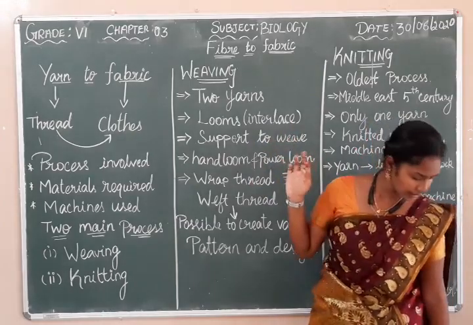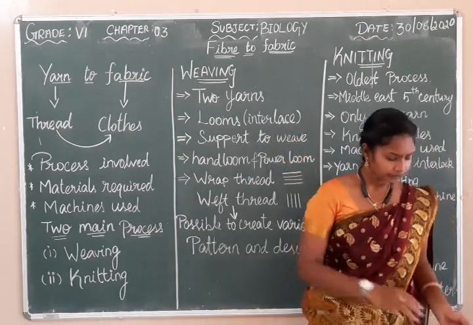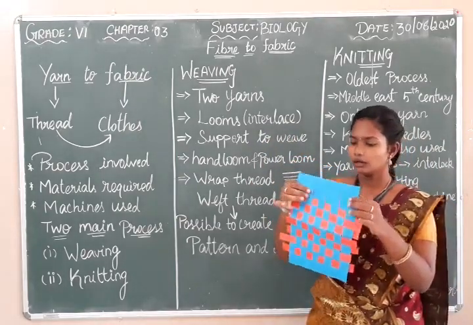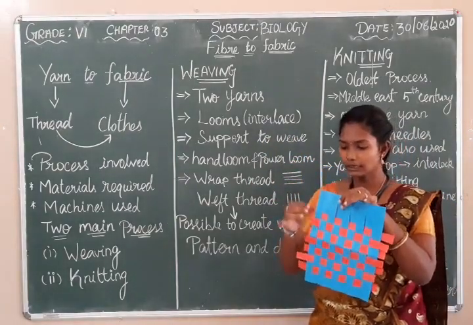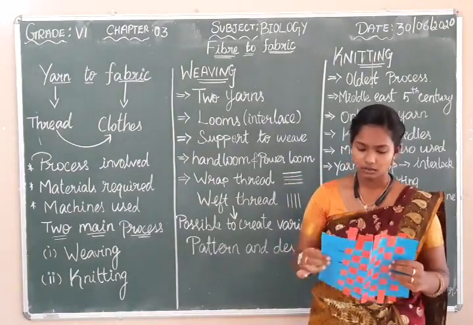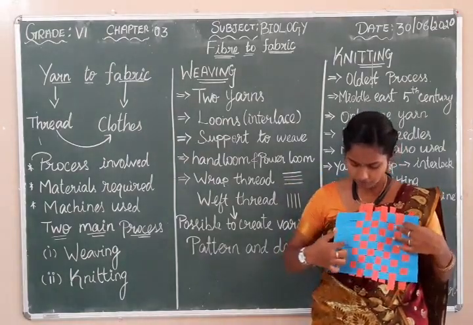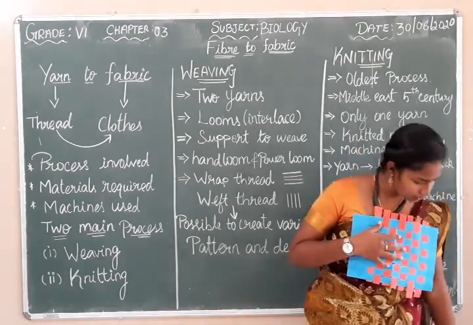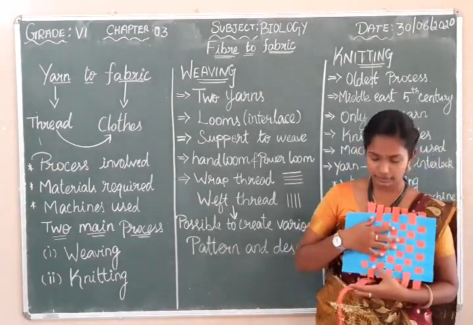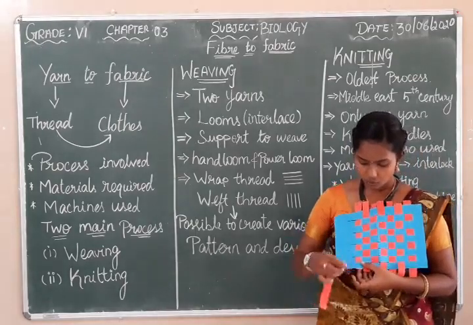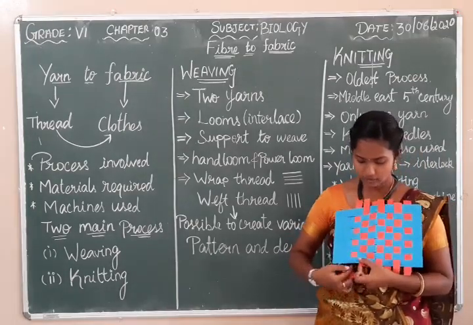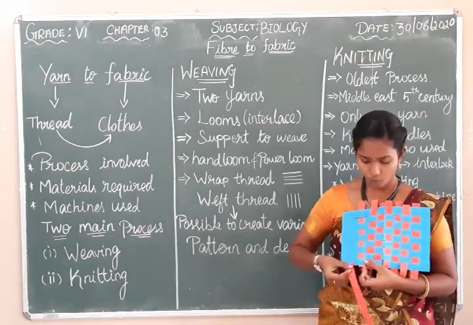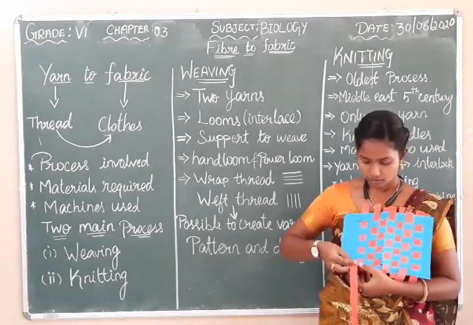Next we are going to see how the interlace process is done. This is the fabric that I have made, and we are going to interlace now. If you see, this is the warp thread and this is the weft. Now I will show you how to interlace the thread. Here, this weft thread is under the warp. Now we are going to make this weft go over the warp.